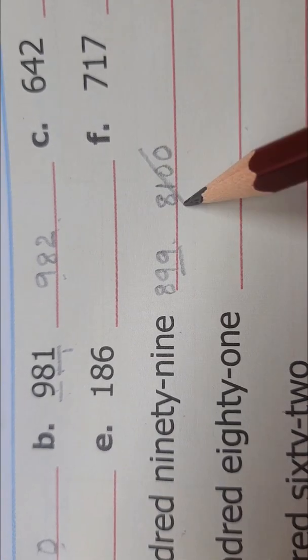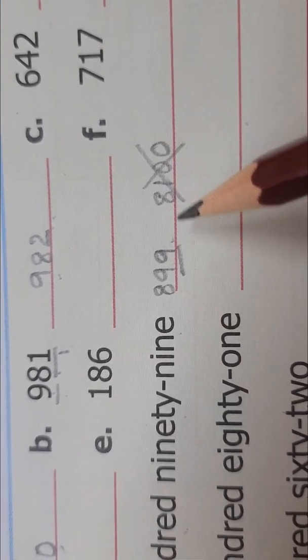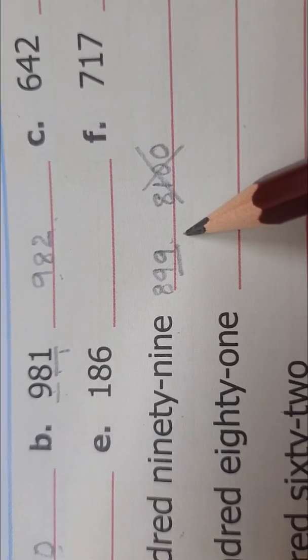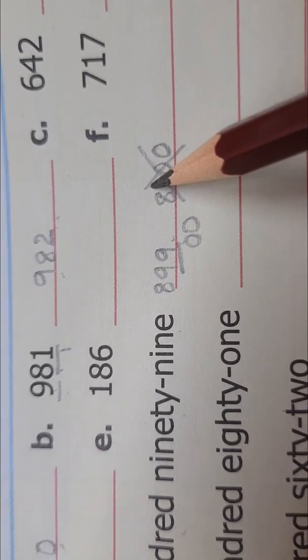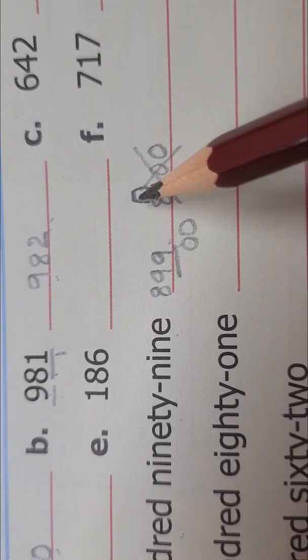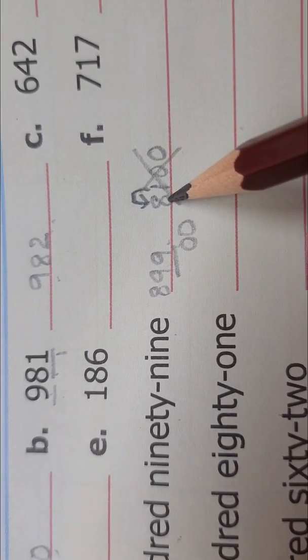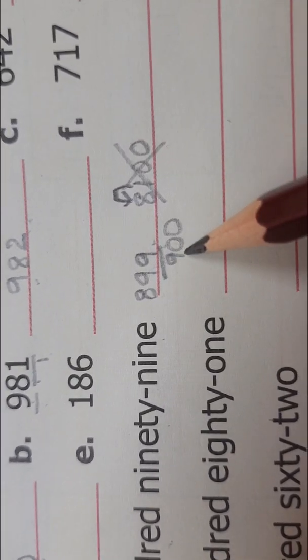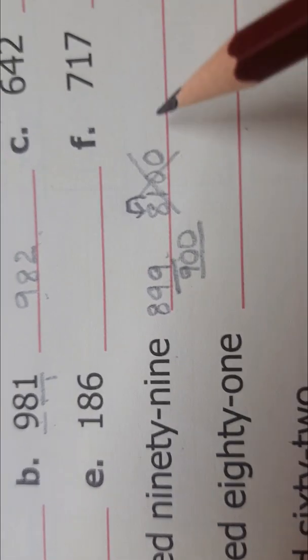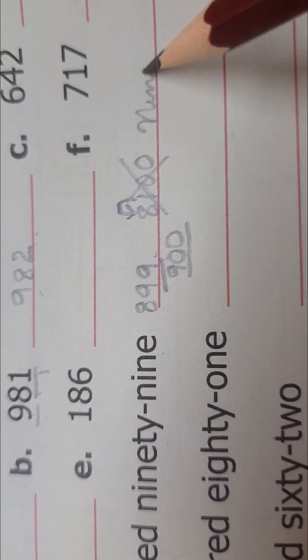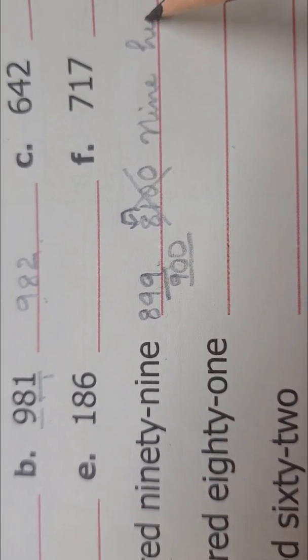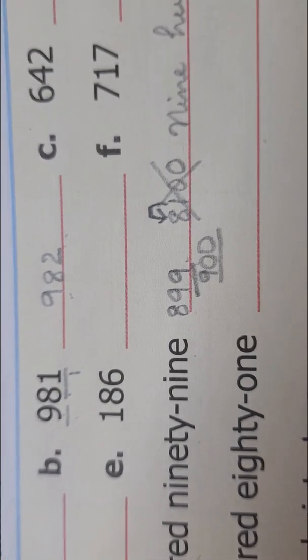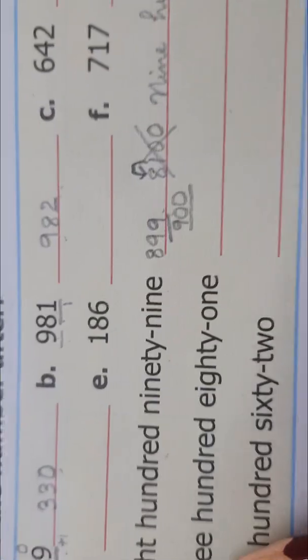It is wrong. So, what will we do? We will write 0, 0 and this 1 will be added with 8, and we have 8 plus 1, that is 9. So, the next number is 900, and here we will write 900.